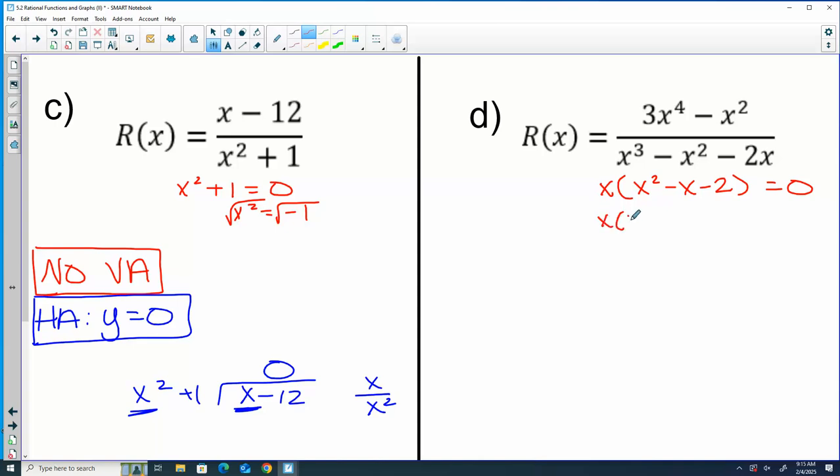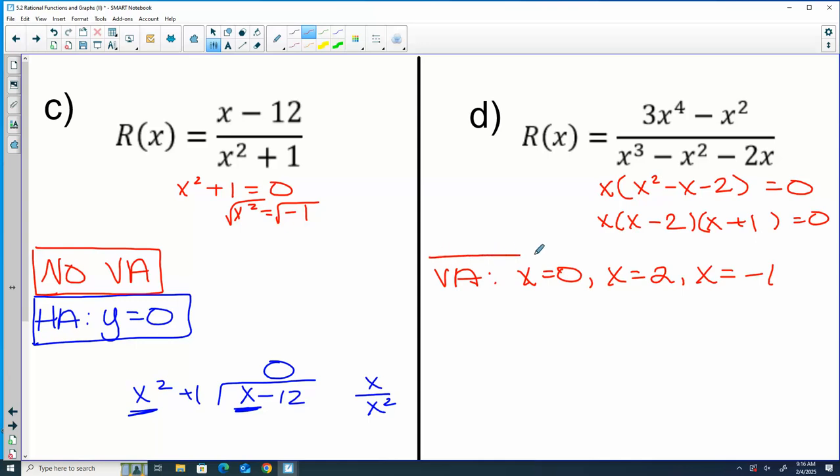So then that would factor, multiply to -2 and add to -1. -2, +1. So how many verticals do we get this time? 3. x equals 0, x equals 2, and x equals -1.